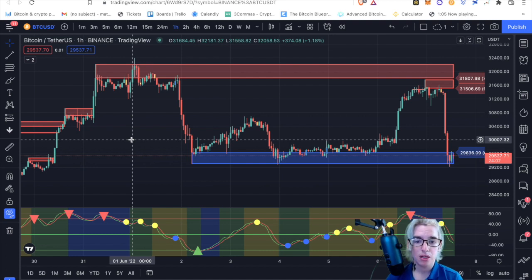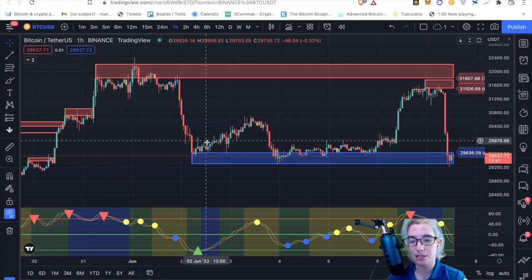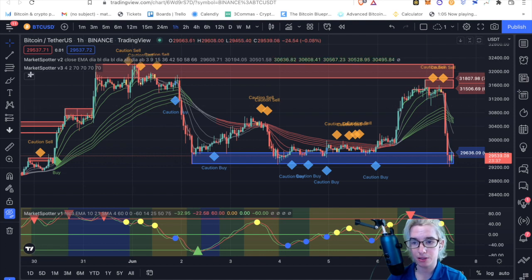All right. So the basic premise is that you want to buy in areas of support and sell around areas of resistance. But it's not always that easy. So Market Spotter, used combined with these areas of support and resistance, will give you the best entry and exit signals.